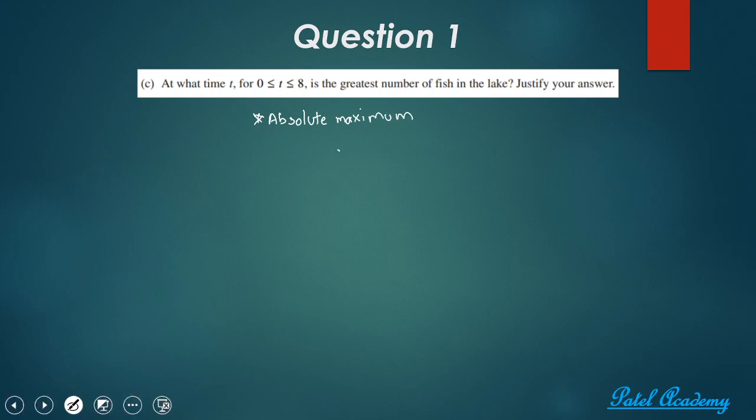And so what does that tell me? I need to use the candidates test, or the first derivative test. And keep in mind, I need to test critical points and endpoints.